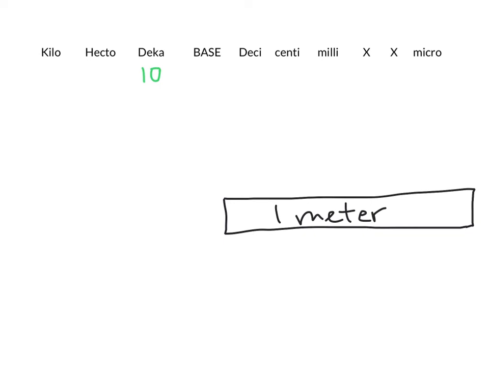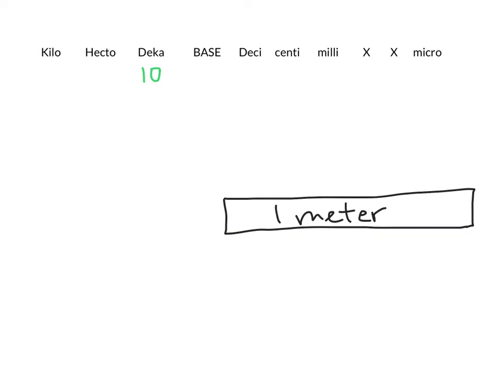We may use meters to measure between, say, you and the front door of the classroom. But between you and the building across the street, say across Lynn Station Road, that might be a longer distance, so we may choose to use decameters in that case.